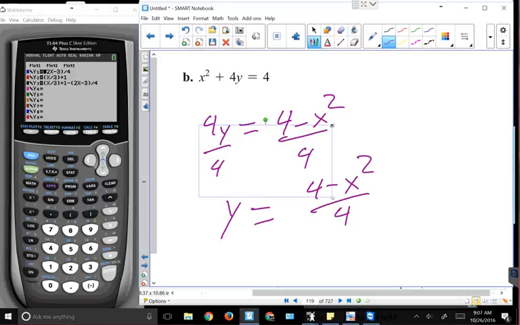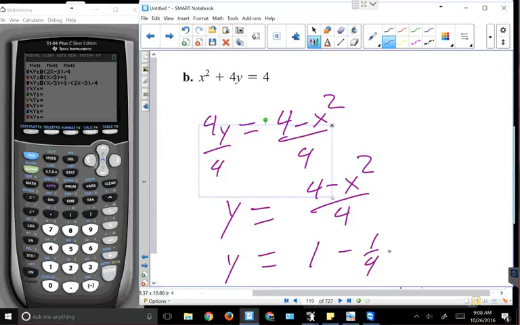Okay? Now, if you are supposed to provide a simplified function, you'd want to go through and do a little bit more work so that you had y equal to 1 minus 1/4 x squared. But again, depending upon what you're looking for, one is going to be easier than the other.